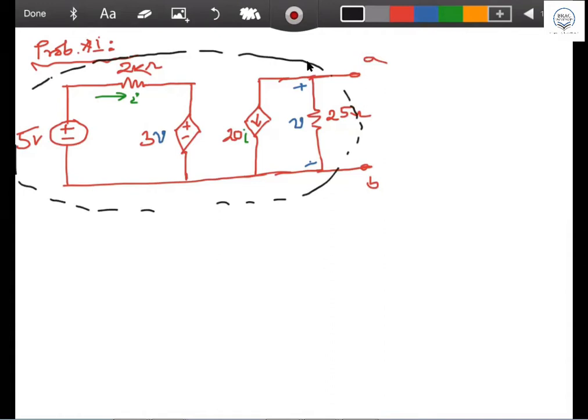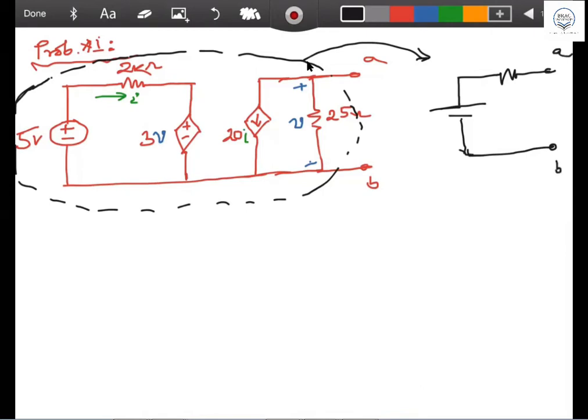You have to draw the Thevenin equivalent of this circuit at A and B. So this is your plus minus E Thevenin, this is your R Thevenin.